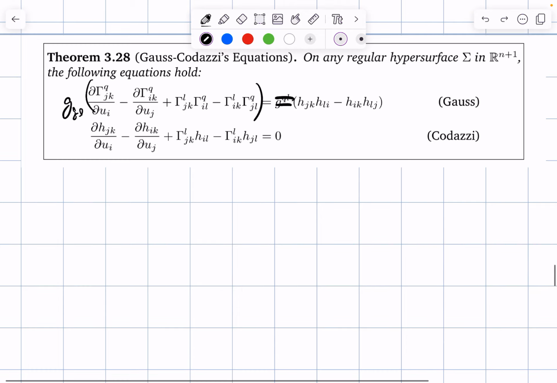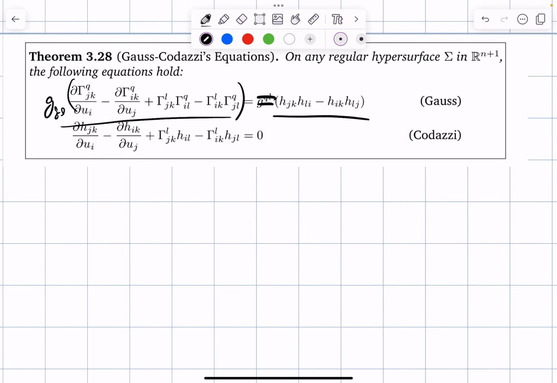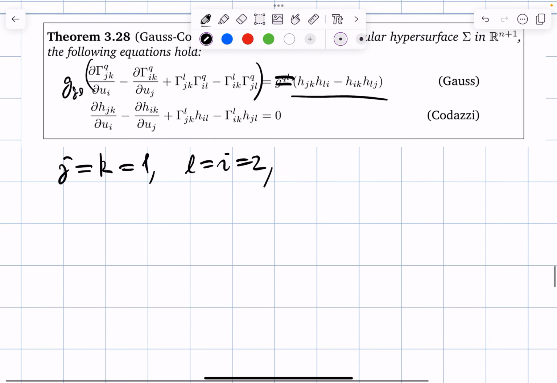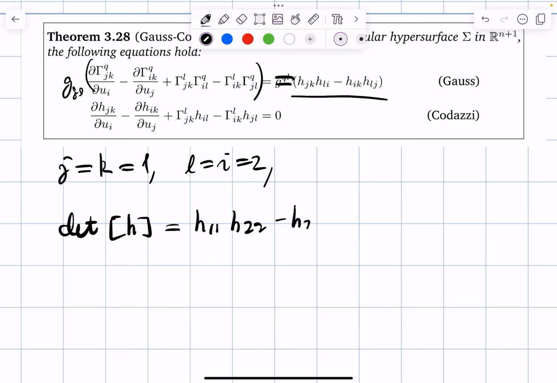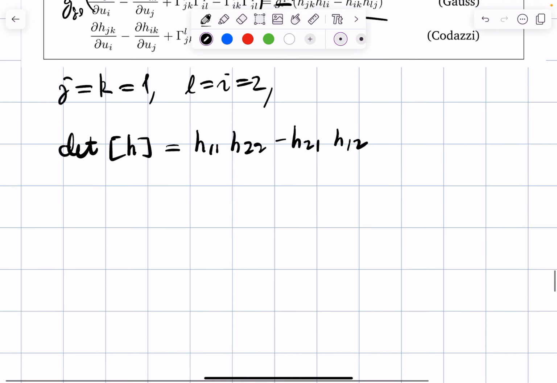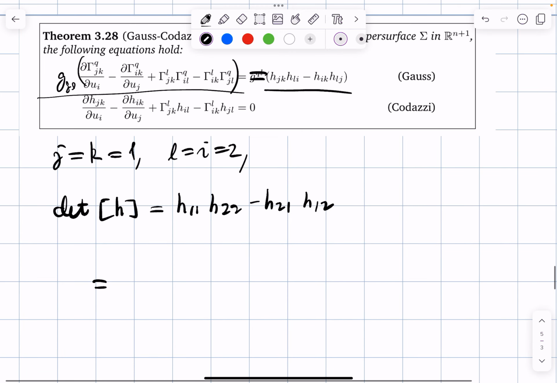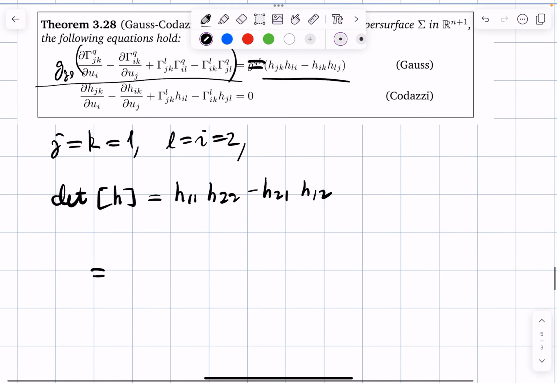So it's cancelled, and you get this part equal to that part. So you can see that by setting j equal to k equal to 1, l equal to i equal to 2, we have the determinant of H, which is H11 H22 minus H21 H12, is equal to the left-hand side, by setting, let's set it.